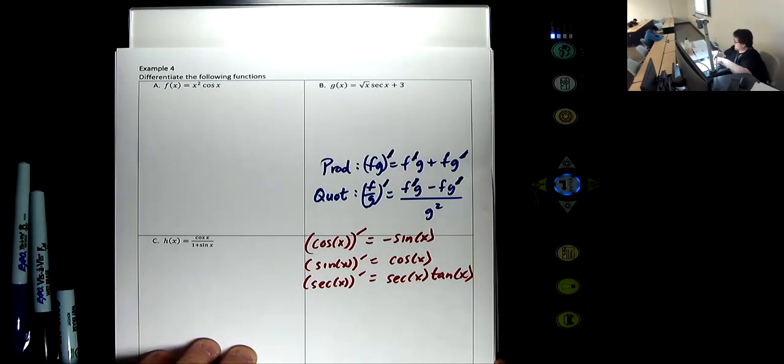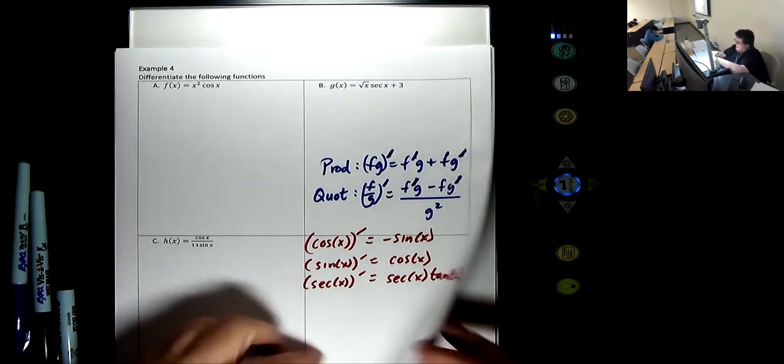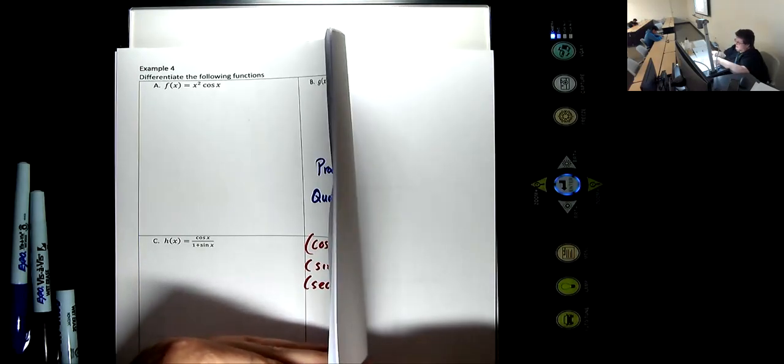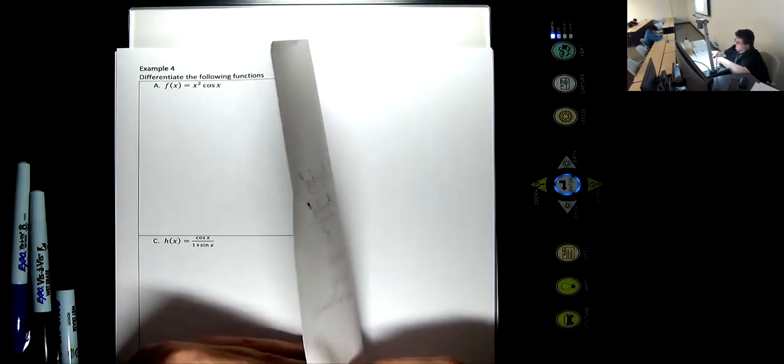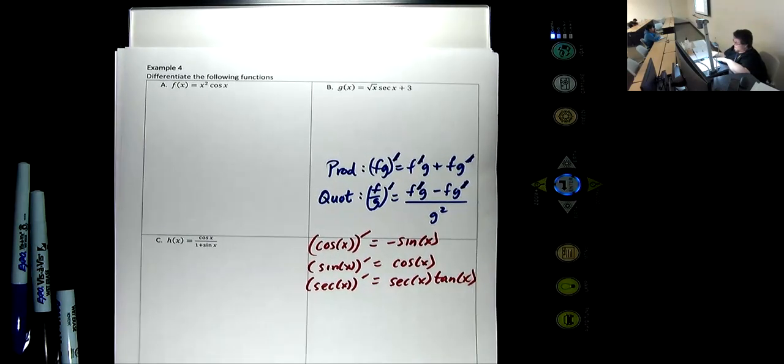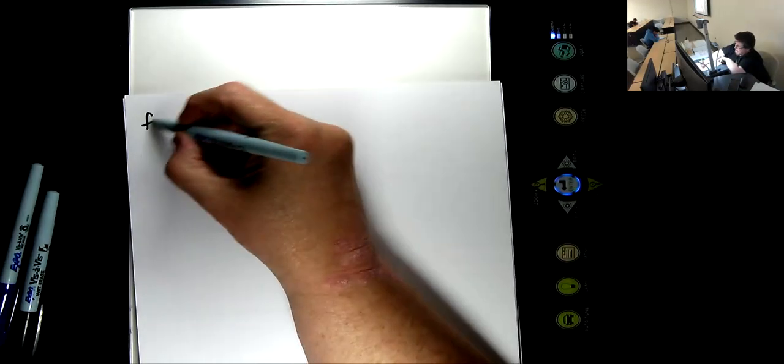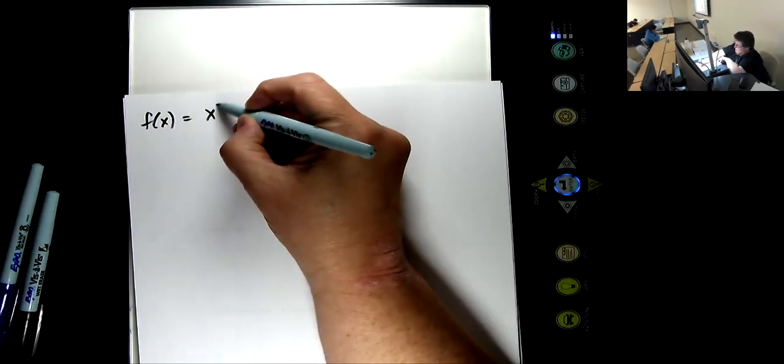All right, let's start working on these together. With these giant markers that I use, writing on these pages isn't going to give a lot of room, so I'm going to write them up here on another piece of paper. We've got f of x equals x squared cosine x.